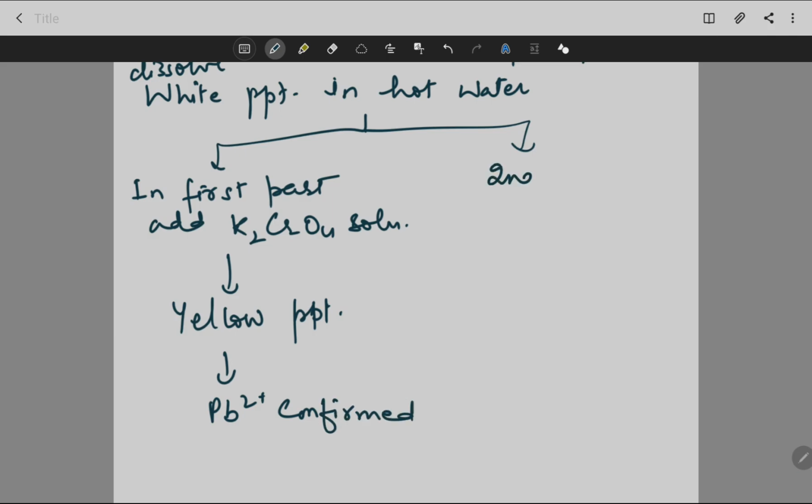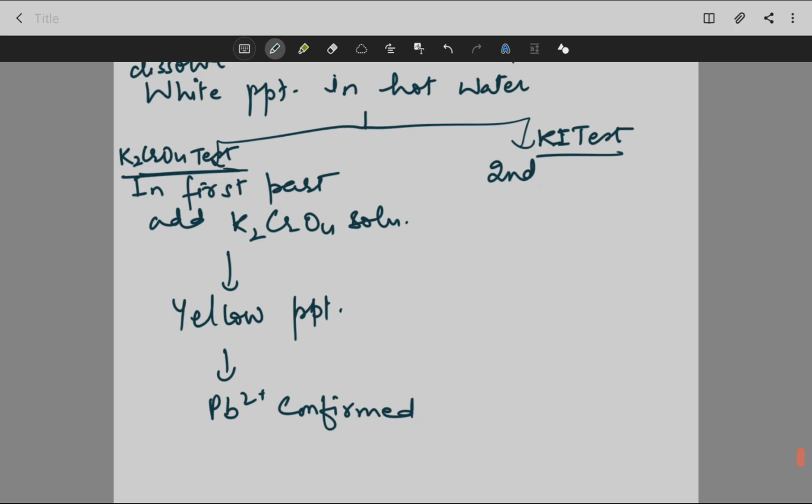And in the second part, the second confirmatory test is the potassium iodide test, the KI test, and the first is the K2CrO4 test, that is the potassium chromate test. So two tests we are performing after dividing the solution into two portions. In the first part we added potassium chromate; if we get a yellow precipitate, lead is confirmed.